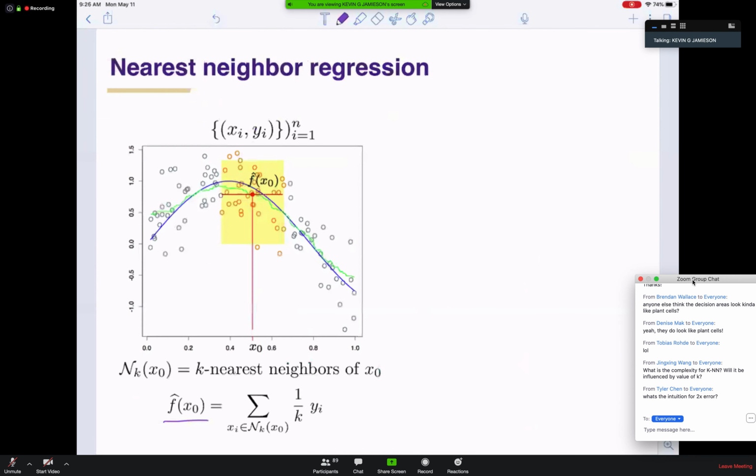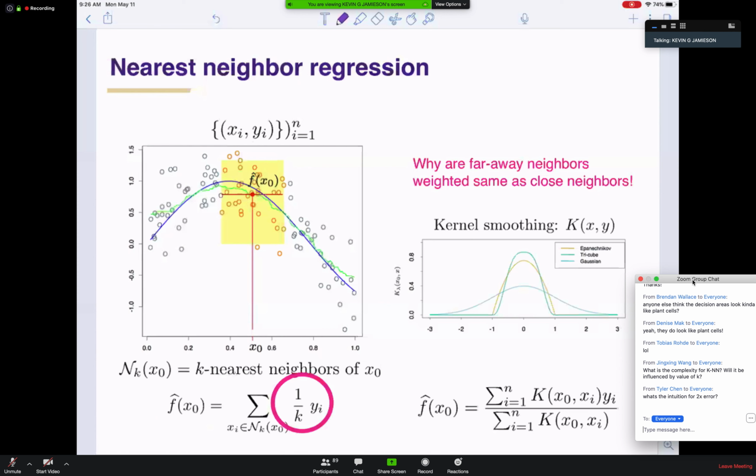But there's still an extremely important class of functions to look at, and we'll see when they are applicable. So you can do things like regression with them, and just average the things. But you might also say, well, maybe I don't want to look at the k nearest neighbors. Maybe I want to do some sort of weighted function.